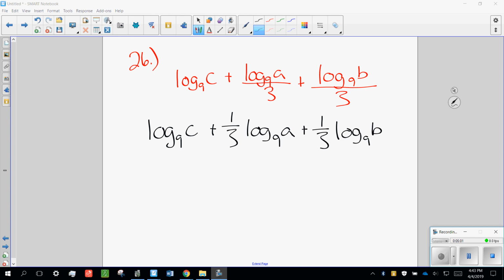Okay, number 26 here, I just rewrote the problem in the red, and then you'll see in the black what I've done is I've taken these 3's that are in the denominator, and I've written them as multiplying by 1/3, since dividing by 3 is the same thing as multiplying by 1/3.